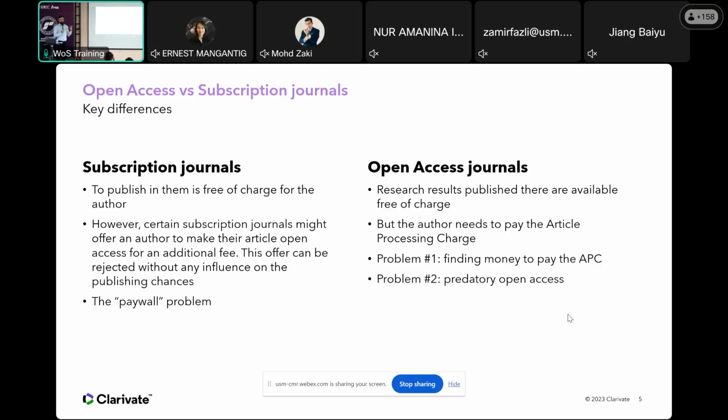So the only problem with the subscription model, specifically if we look at it on a larger scale, is the problem of the paywall. That didn't seem to be a problem in the middle of the 20th century, when there were just a number of publishers from which universities could subscribe to specific journals.